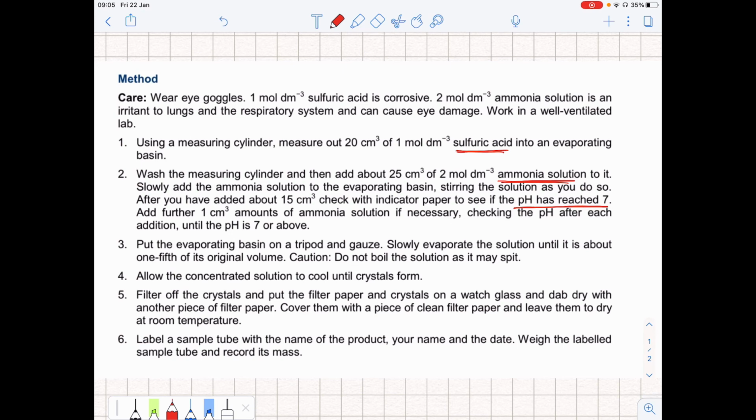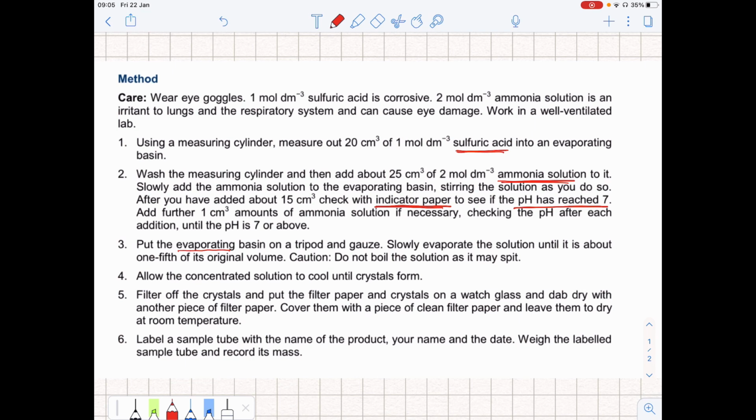The method that's being suggested here, in order to identify when this has reached 7, is using indicator paper, or you can have a pH probe, and that would tell you when it's been completely neutralized. Once it's been neutralized and the ammonium sulfate is present, then because that salt is soluble, we have to go through an evaporation process to allow us to get the salt from there.